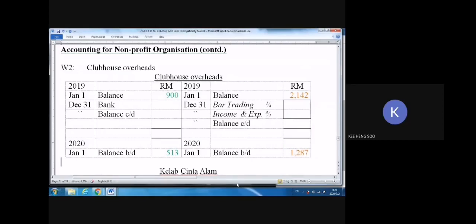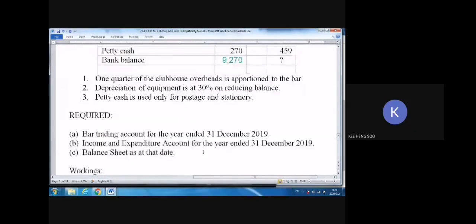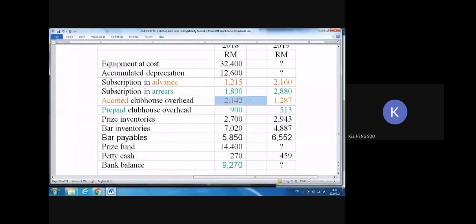So you fill out this already, okay? Can you see that? Accrued is 2142 and 1287. You get it from here. If I'm too fast, you let me know. Just like I mentioned, your screen may be slower. When I'm talking, I move the screen, but actually your screen not moved.